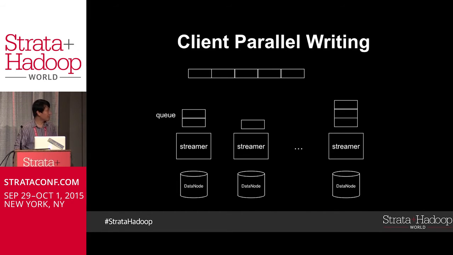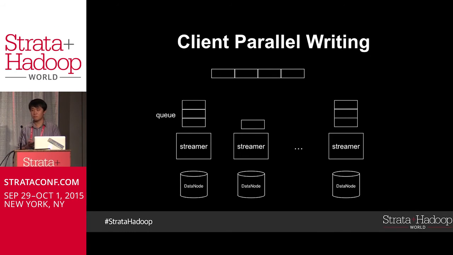On the client side, basically we need to change it to support doing parallel I/O to multiple storage servers. And from an engineering point of view, this is actually the most challenging and interesting part. I'll introduce the writing pipeline first. Basically the HDFS client will take an input queue of packets and distribute it to multiple what we call streamers.